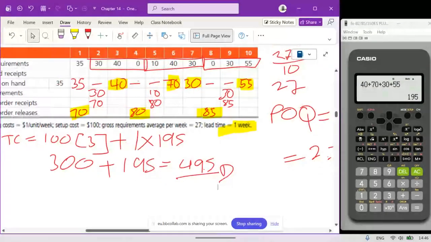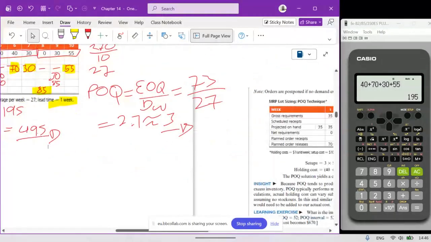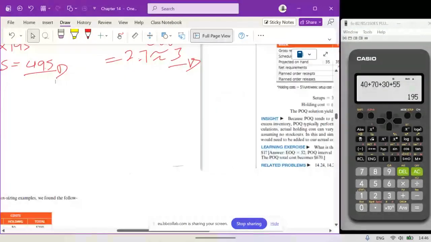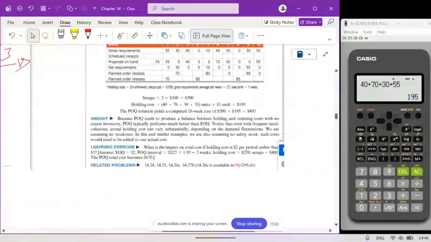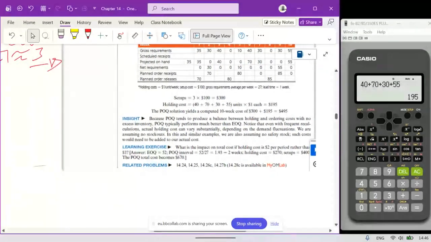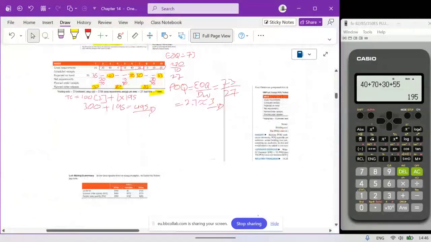So this one of ordering ahead is inevitably the cheapest. 495, yes, is the cheapest.